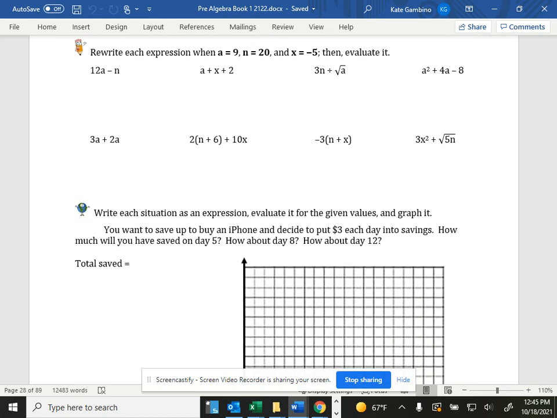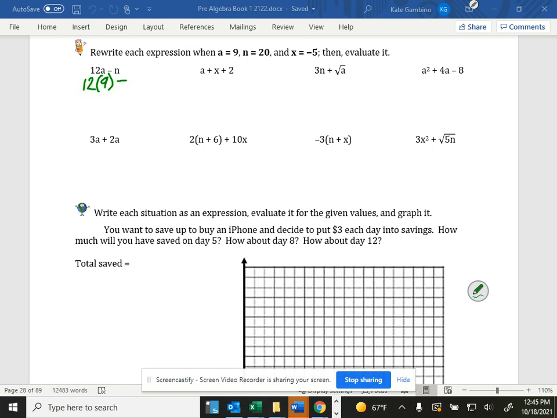Rewrite each expression when a equals 9, n equals 20, and x equals -5. Then evaluate it. So the first thing we're going to do is rewrite our expression. So we have 12, a is 9. I'm going to put it in those parentheses so I know I'm multiplying.